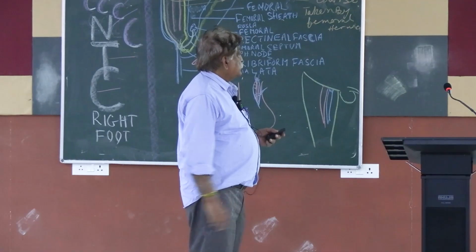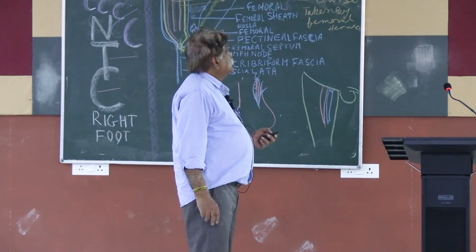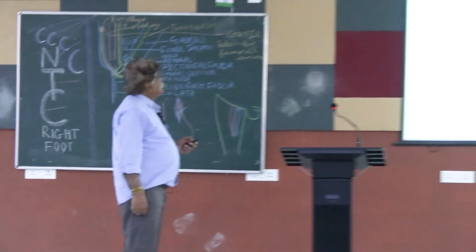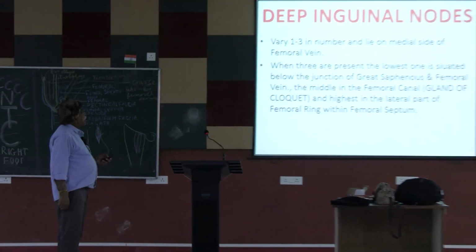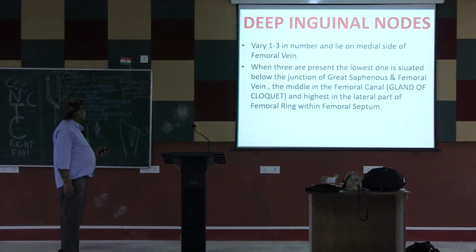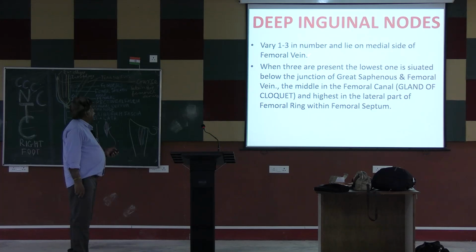Now, deep inguinal lymph nodes vary from 1 to 3 in number and lie on the medial side of the femoral vein. Three are present; the lowest one is situated below the junction of the great saphenous vein, and the middle one in the femoral canal is the gland of Cloquet.